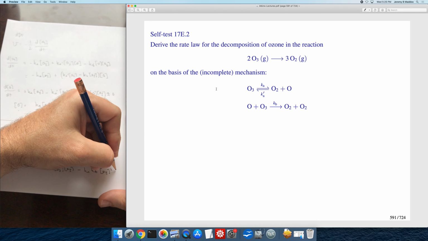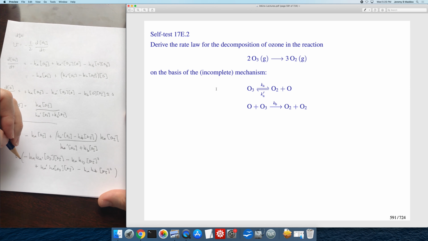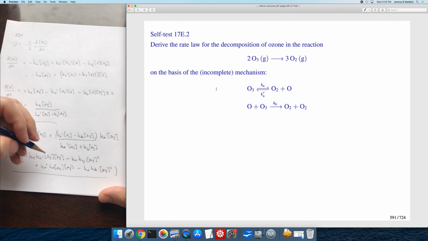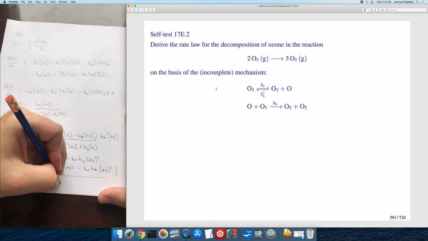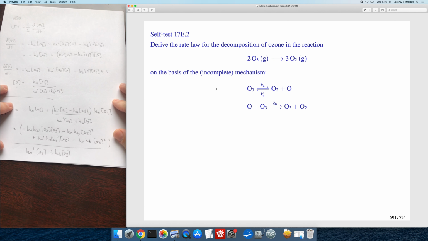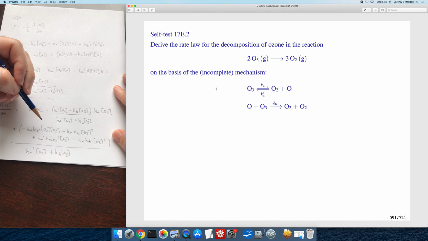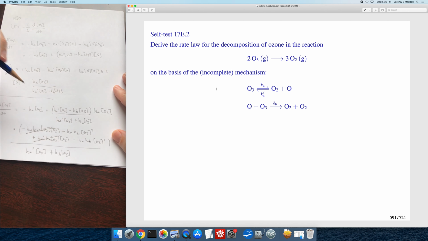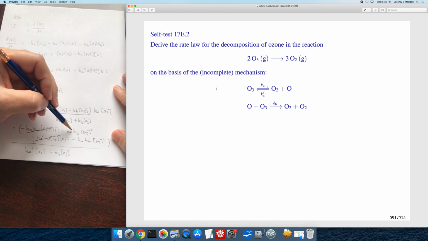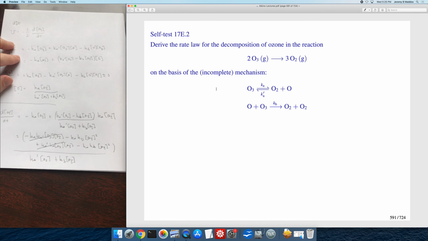So this is now the numerator, and all of that is divided by Ka prime O2 plus Kb O3. I didn't do this in the most elegant way, but you can still see the cancellation. This term cancels that one, and these two terms are the same. So it does simplify quite a bit.